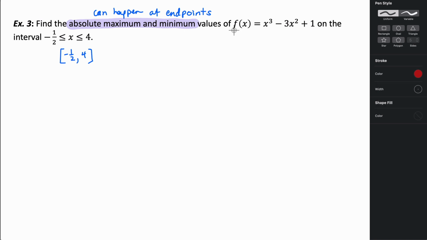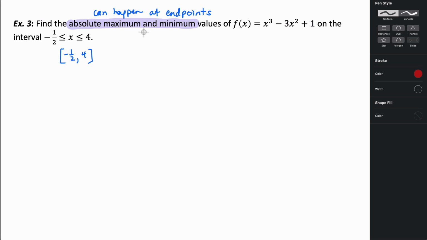It's just a cubic. It's a polynomial, so it's continuous. It is differentiable everywhere. But because it's a polynomial, this tells me that by the extreme value theorem, because we're looking at some closed interval, we're guaranteed to have an absolute maximum and a minimum. Because it's a continuous function over this, actually everywhere, but over that interval.